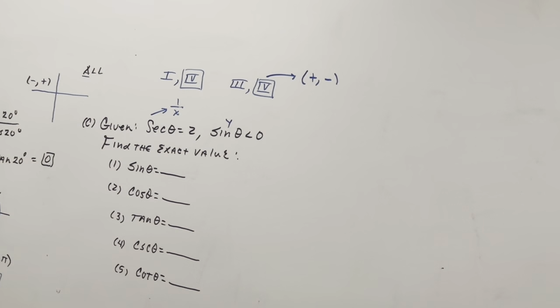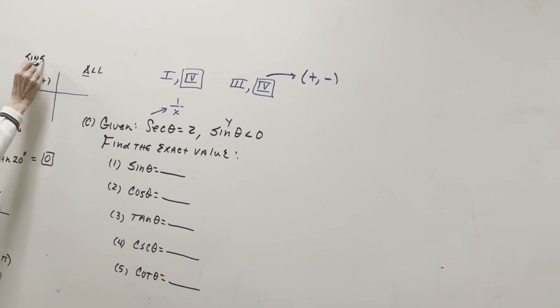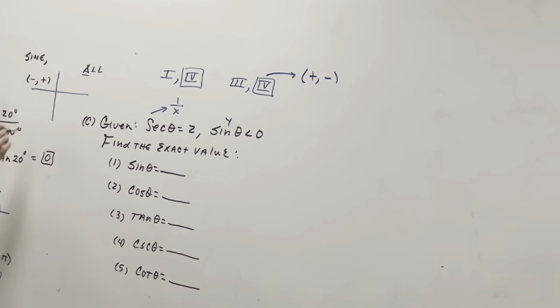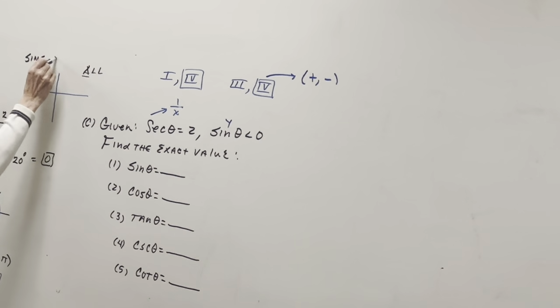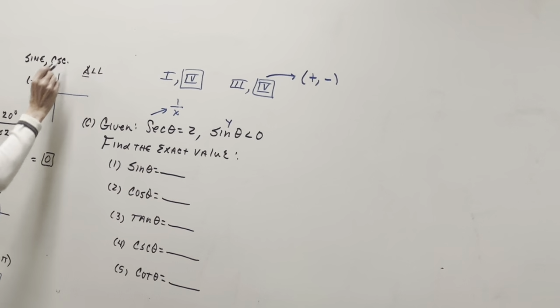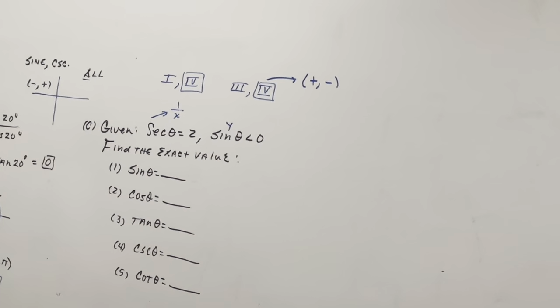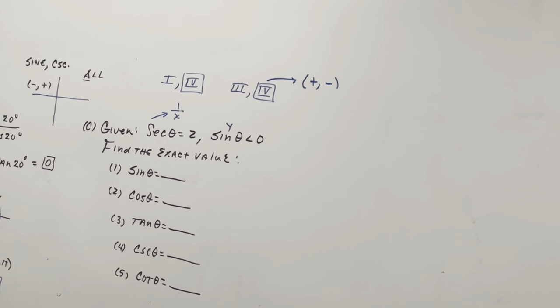Sine, because sine is y, and y is positive. And there might be one more: not secant, cosecant. Let me just abbreviate. Sine is the y, and the y sure enough is positive from algebra in quadrant 2. And then cosecant is 1 over y, that will remain positive. And I think the other 4 are negative.